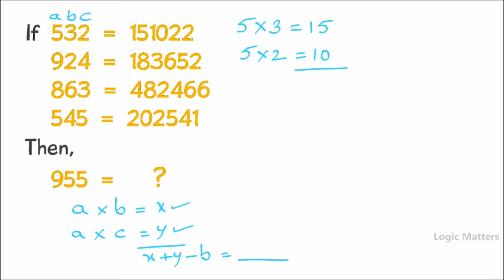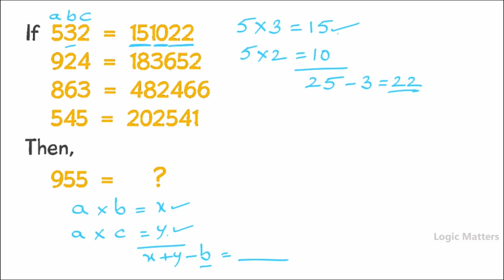Now add these two, that becomes 25, and 25 minus b, which is 3. 25 minus 3 gives you an answer of how much? 22. Now x is nothing but this, we got 15, and y is nothing but 10, that is this, and the answer we got is 22, right?